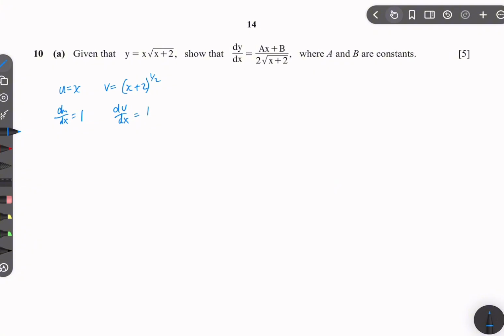We can use the power rule. So multiply the power by the coefficient, which is 1. So a half times x plus 2, and then minus 1 from the power. So it'll be minus a half. Okay, now we can use the product rule equation.